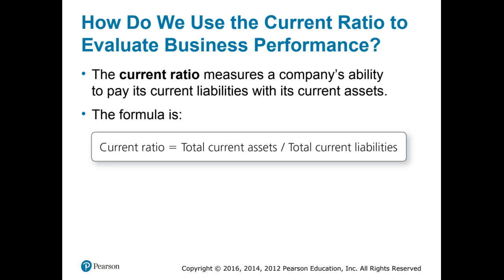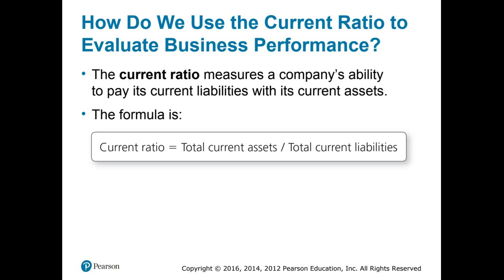So total current assets divided by total current liabilities equals your current ratio. A company prefers to have a high current ratio because that means it has plenty of current assets to pay its current liabilities. So you want a high current ratio.